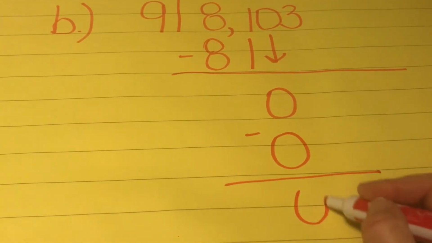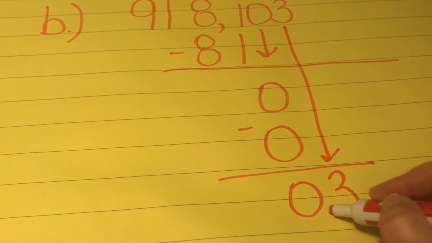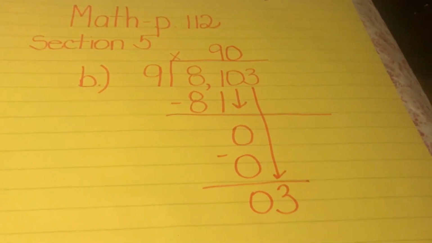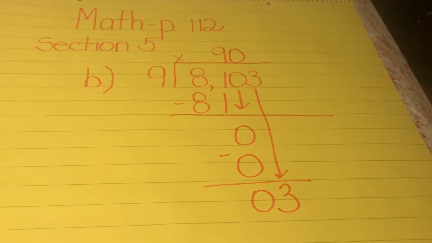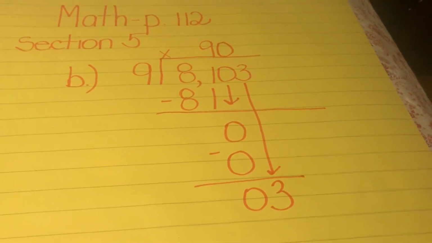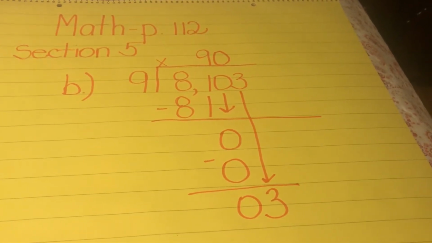Okay. And then we're bringing down that 3. We need to make sure that we've got our arrows. Well, then our question becomes, how many times can 9 go into 3? Our answer should be none, because 9 is larger than 3 on that number line.